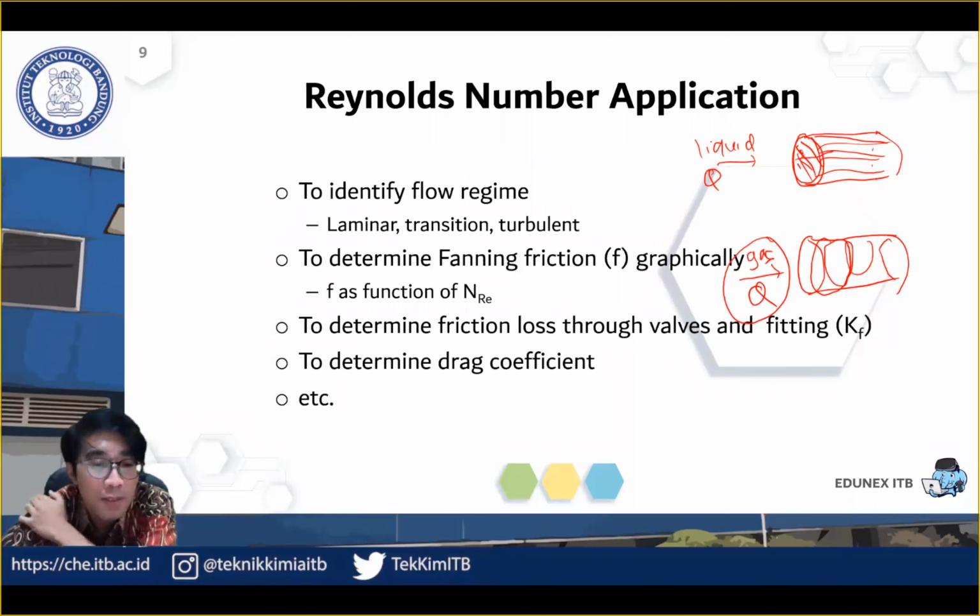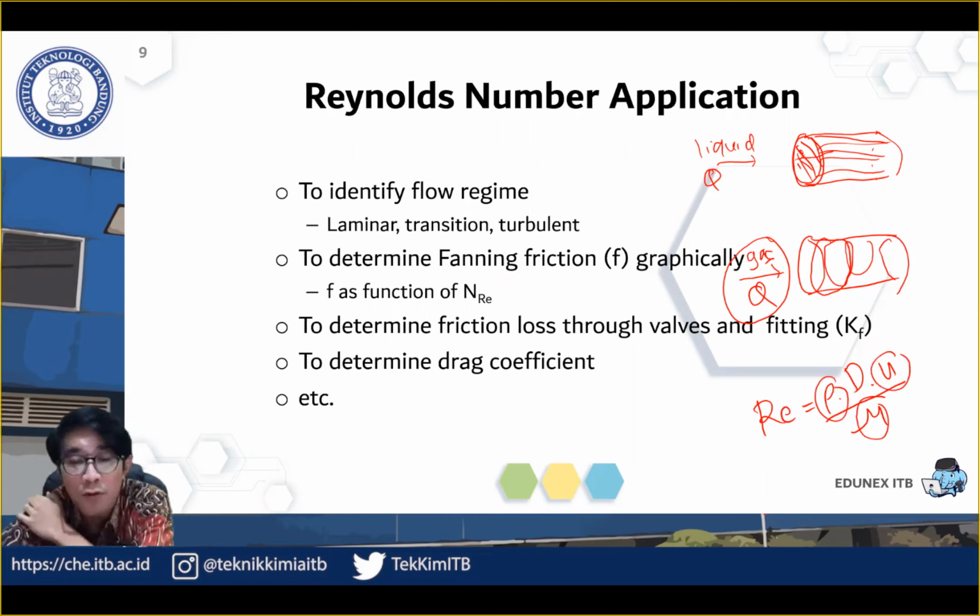Now, especially for this water or liquid, the calculation of the Reynolds number will be different because you remember, right? Reynolds number will be density of the fluid, diameter of the pipe, velocity of the fluid, and viscosity of the fluid. So this one is the fluid properties.